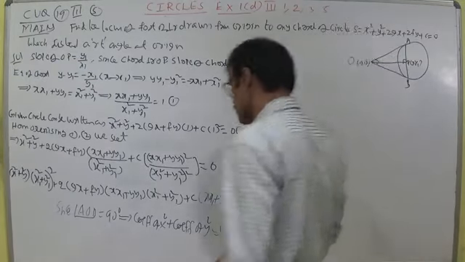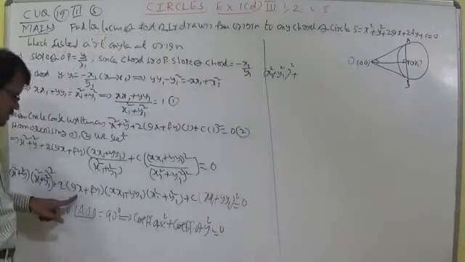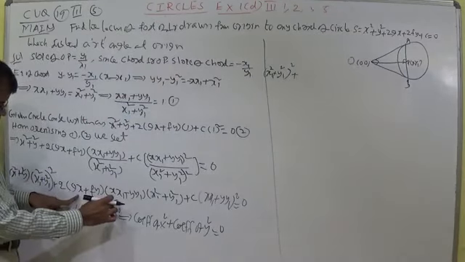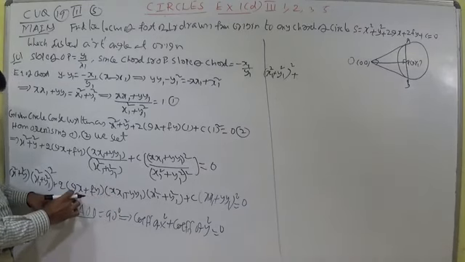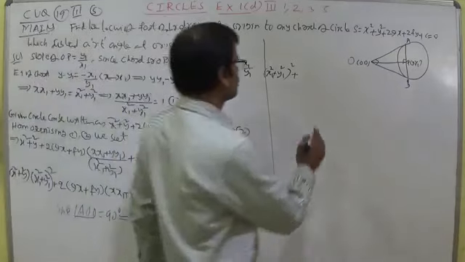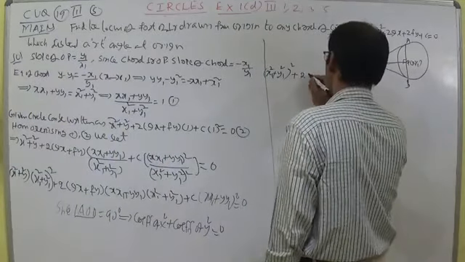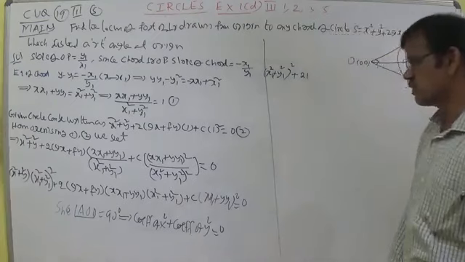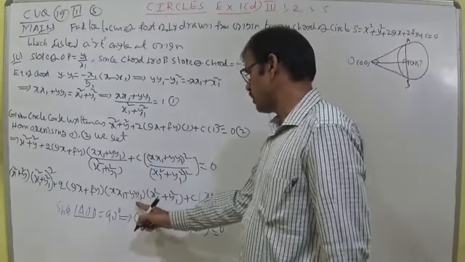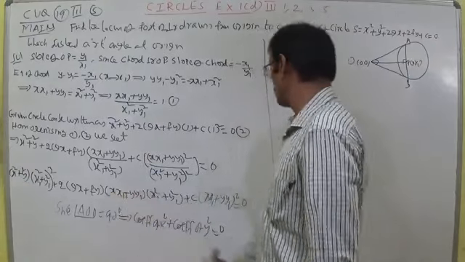Next, for this one, here 2gx is there. Students, gx into x, gx square. The coef of x square becomes gx1 into (x1 square plus y1 square), directly you can write. So in the similar way, y square coef fy into y1. So fy1 you can write.